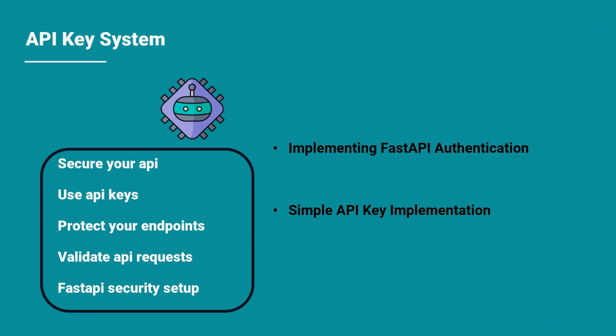If the key matches what's expected, great, you can proceed. If not, you return a 401 unauthorized status. It's pretty straightforward, right? And that's essentially it. You've got a simple yet effective API key authentication system in place. You can then expand upon that as needed for your project. So you see, setting this up doesn't have to be complicated at all.